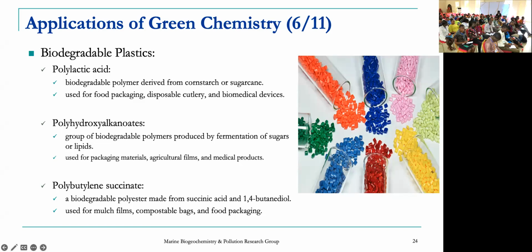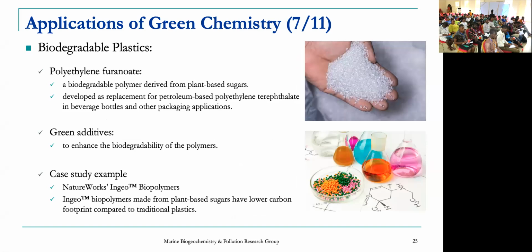And of course, this also tends to promote environmental conservation. These are some of the examples of how green chemistry has been used to manufacture bioplastics. For the sake of time, I may not want to look at all of these and explain them one by one, but I'll just skip through this. When I share this slide, you can just go through them.